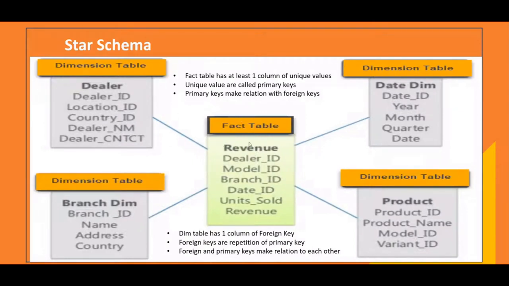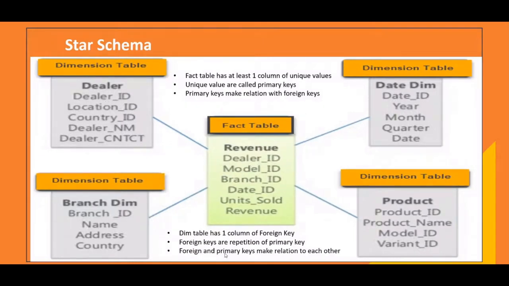So what is a primary key? Any column which has many rows below the column header, where the values are not repeating, is called a primary key. And if the same column goes into some other table and starts repeating, that table becomes the dimension table and the primary key becomes the foreign key.